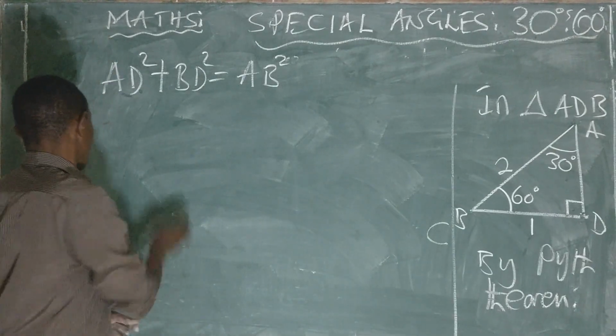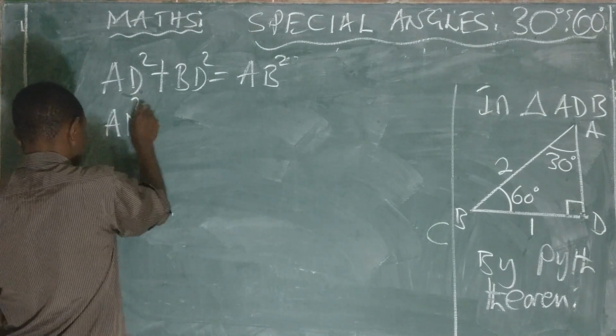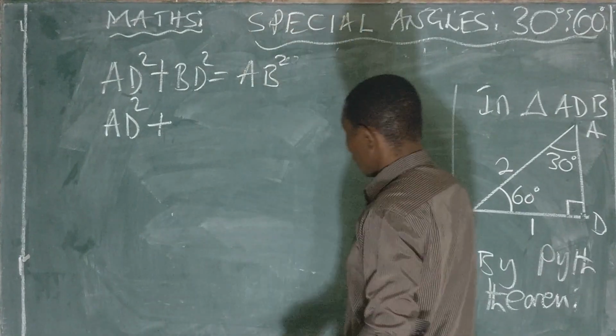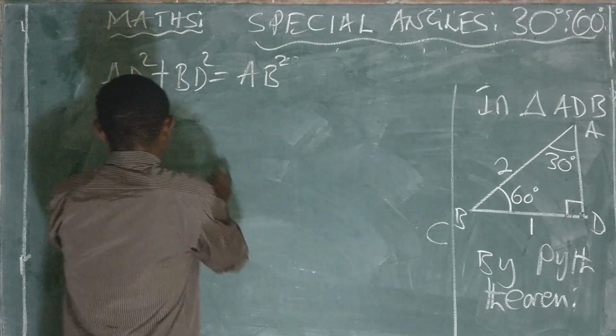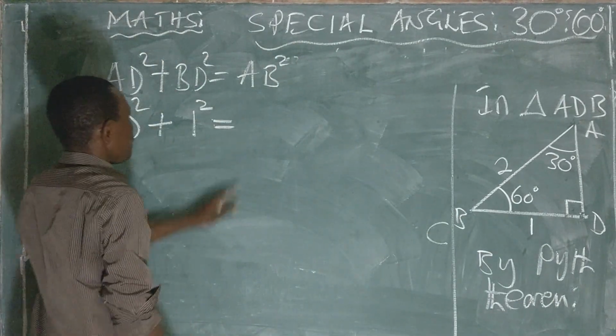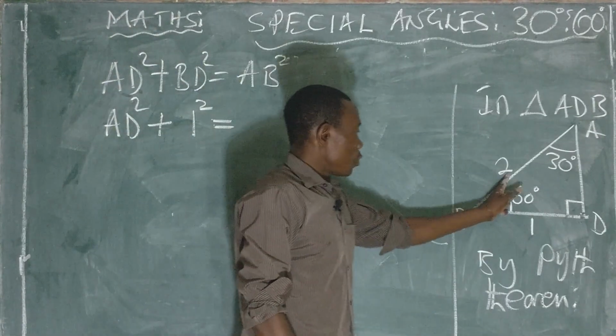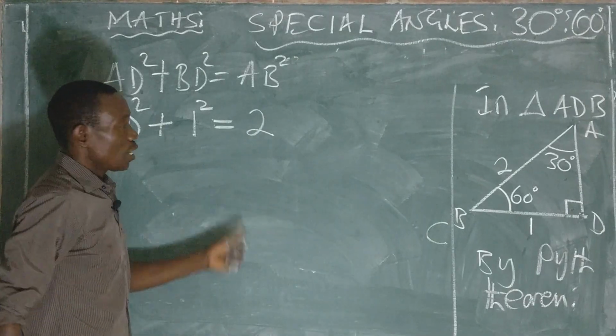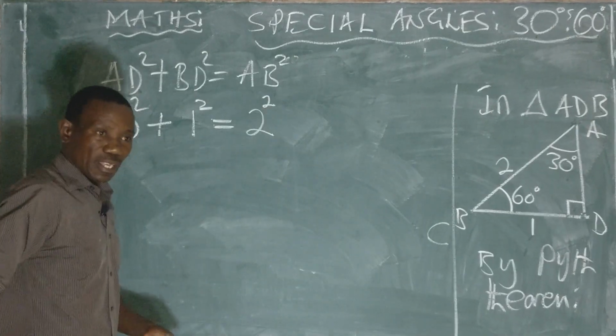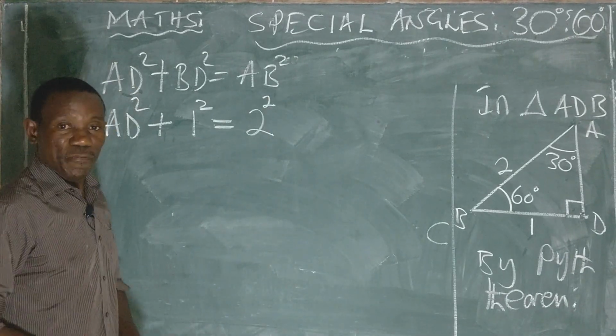So we leave it like that, then we'll just write here AD squared, plus, you talk of BD, BD is 1, so here we're going to write 1 squared. And then we have AB squared, which in this case AB is 2, so we substitute for 2, and then we square like this. After that, let's try to simplify.